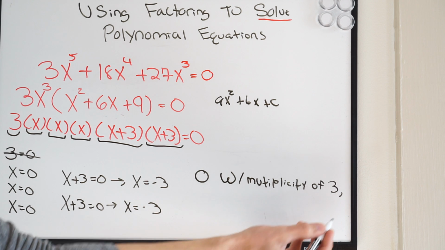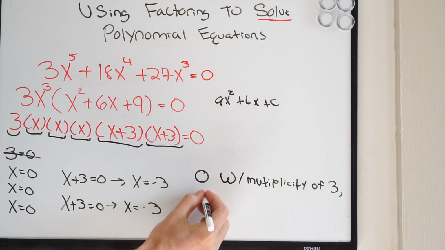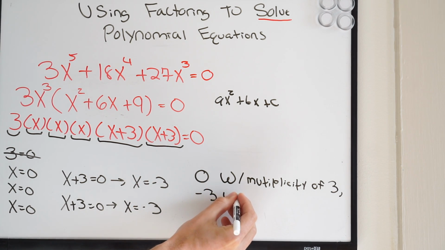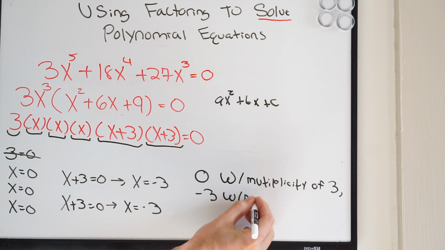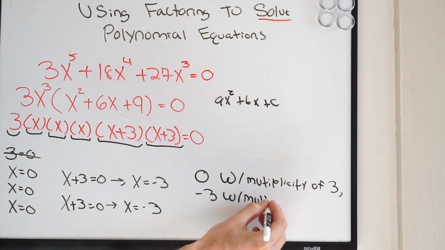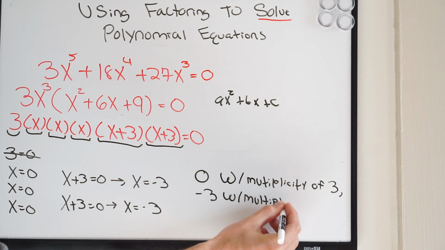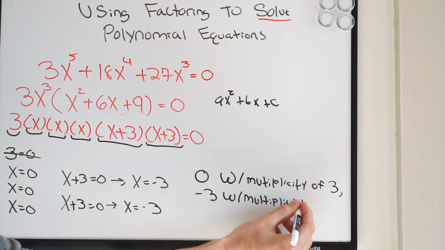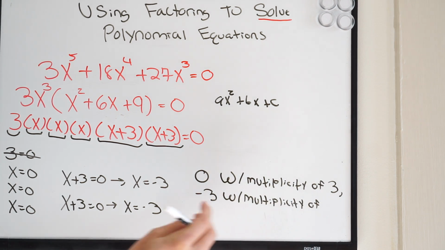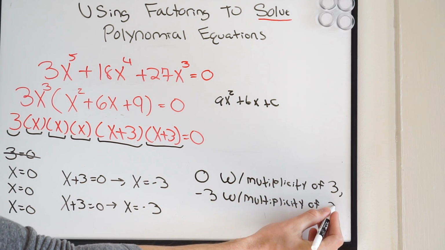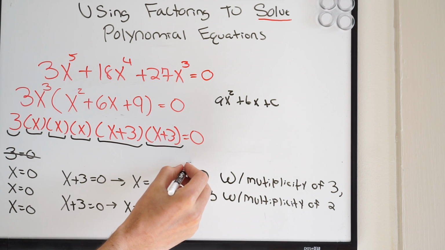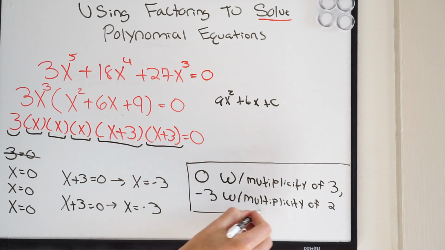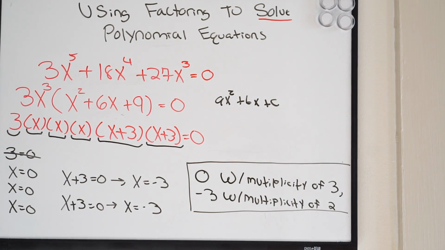And then we also had negative 3 with multiplicity of 2. So this would be your final answer here: 0 with a multiplicity of 3 and negative 3 with a multiplicity of 2.